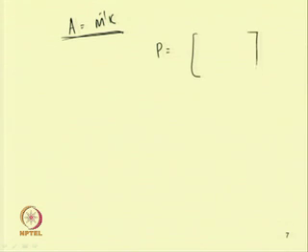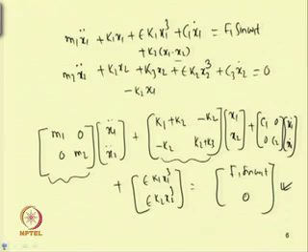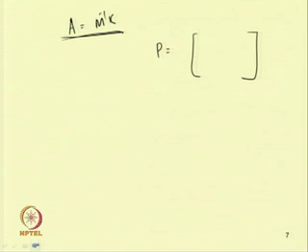This is a 2 degree of freedom system, so we will have 2 eigenvalues, and corresponding to these 2 eigenvalues we will have 2 eigenvectors.